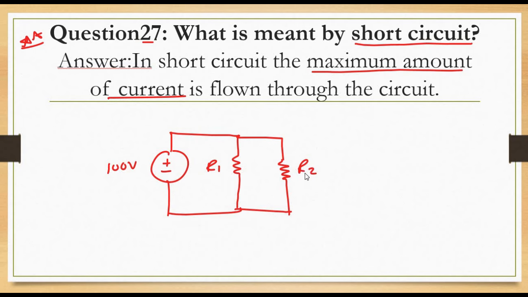Now I am replacing the resistor R2 by a short circuit, or simply replacing that resistor with a wire. Now this forms the short circuit and the current flowing through it will be ISC, that is short circuit current.